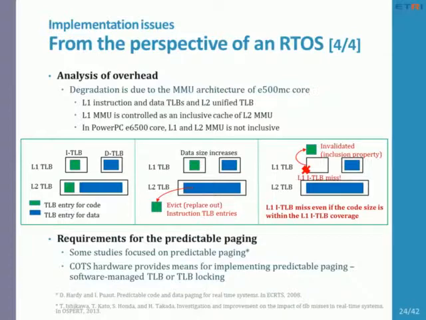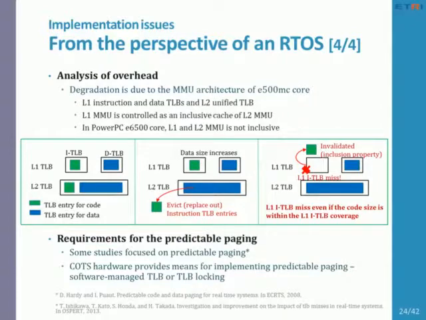But interestingly, in the next generation POWER core, we found that this L1 and L2 MMU is no longer inclusive. So actually, we conclude that we need predictable paging if we want to use the resource partitioning mechanisms in an RTOS.